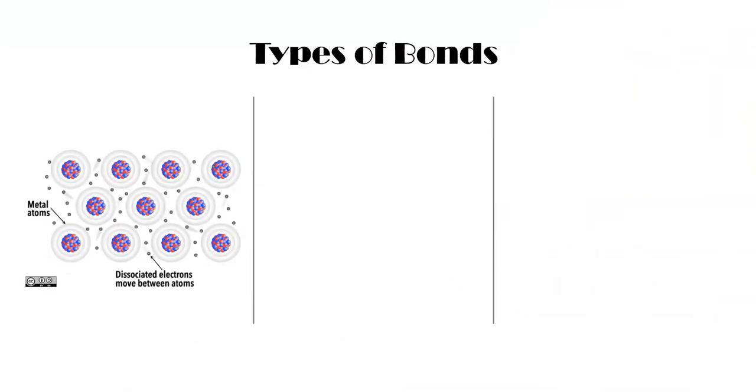Okay, so we are going to start looking at our 3 types of bond, and we have our metallic bonds, and as you can see here, we've got these delocalized electrons floating around between our cations, our metal cations.